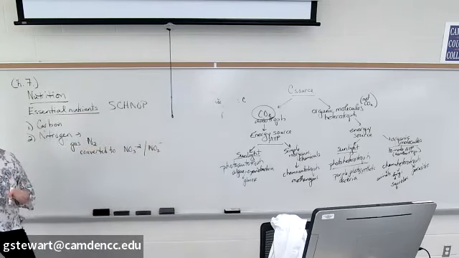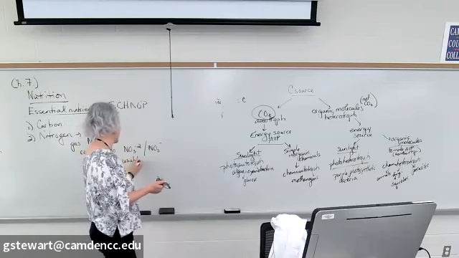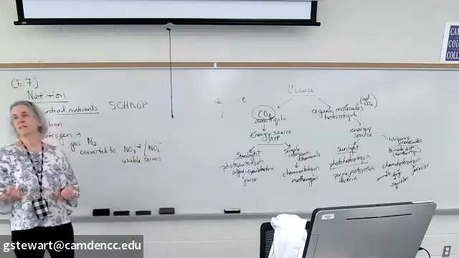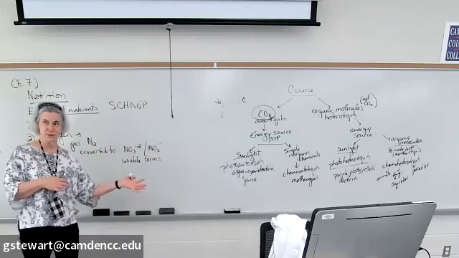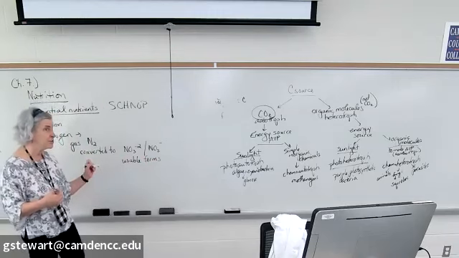Those are usable forms of nitrogen. And guess what organisms on the planet do most of that converting from air, nitrogen gas, into nitrates and nitrites? If you had to guess, because you're in microbiology.